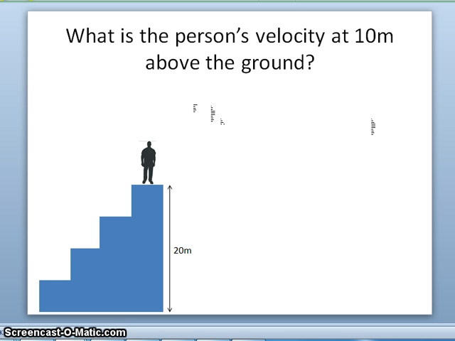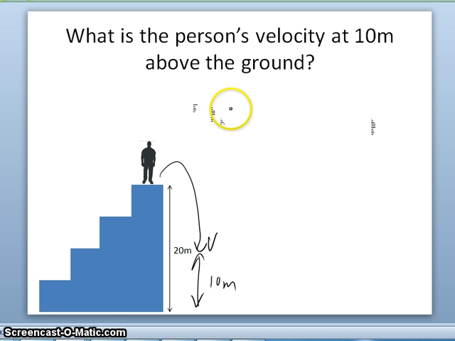So, for instance, if I wanted to know, say this guy jumped off, and I wanted to know what his velocity was when he got to 10 meters above the ground, I could use kinetic energy and potential energy to solve that.